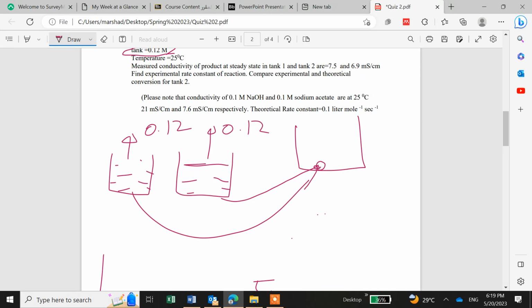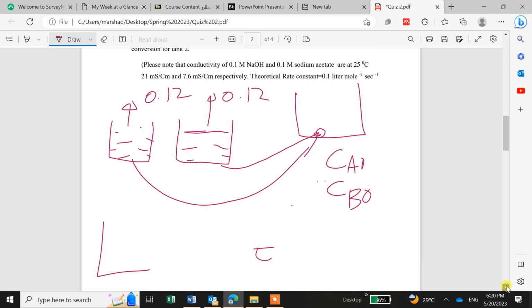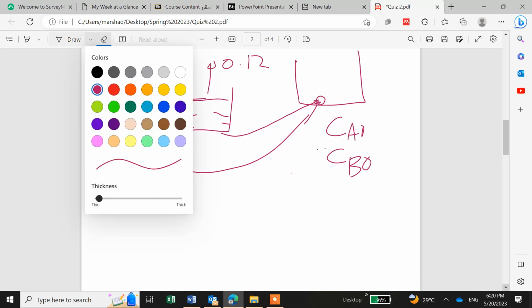So here is our Ca0 and Cb0 after mixing in the reactor. Then it will react and give the new concentration Ca, right? You need to make sure you can find Ca0 and Cb0 after mixing. It is the simplest mixing case, like a mixer.